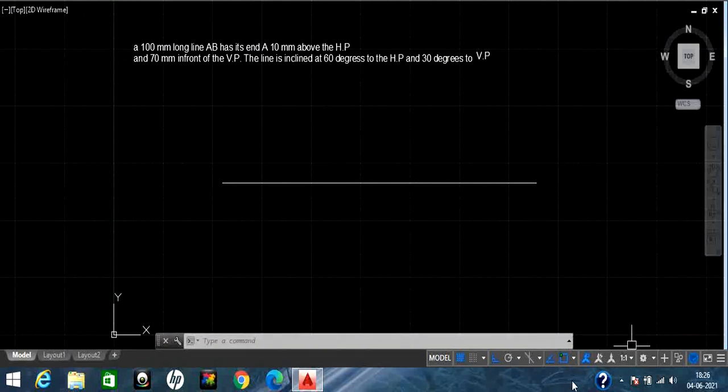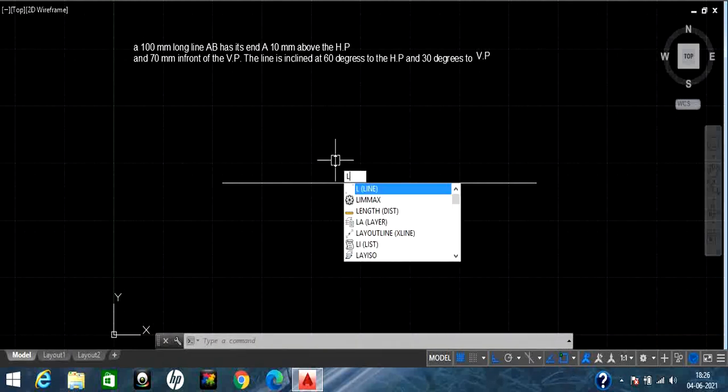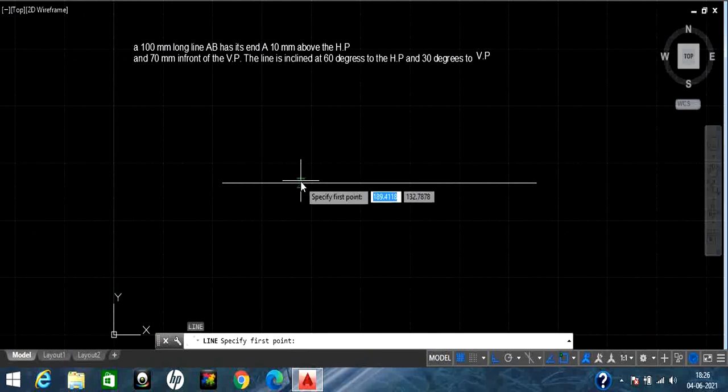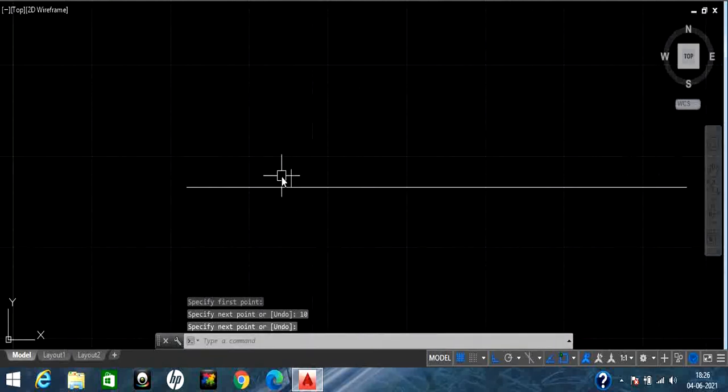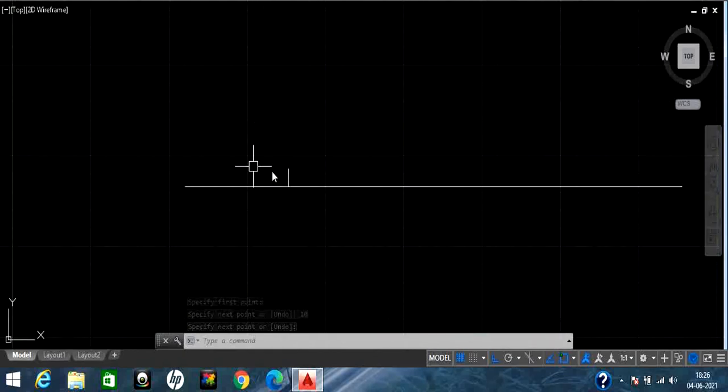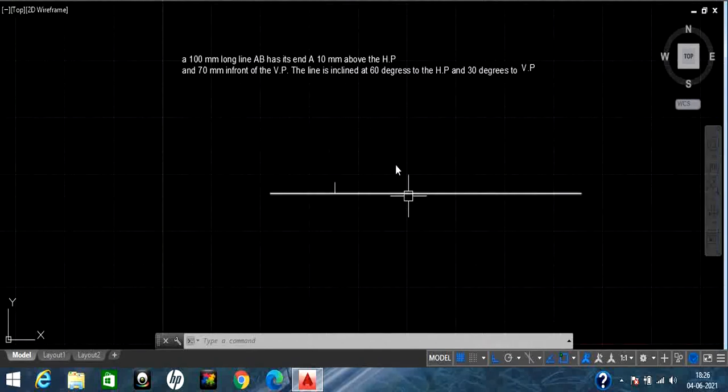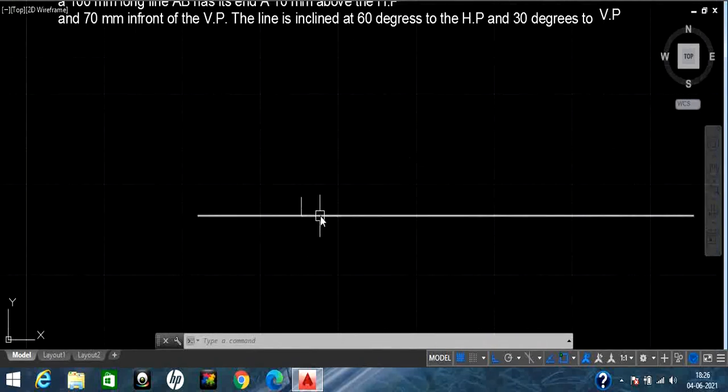In AutoCAD, use the line command, type 10, and press enter. In manual drawing, take 10 mm using a drafter and draw it above the reference line.